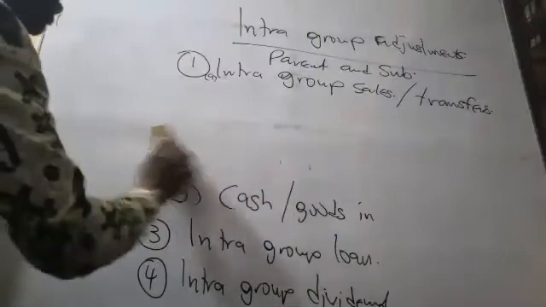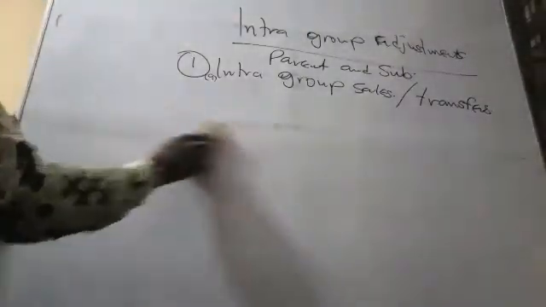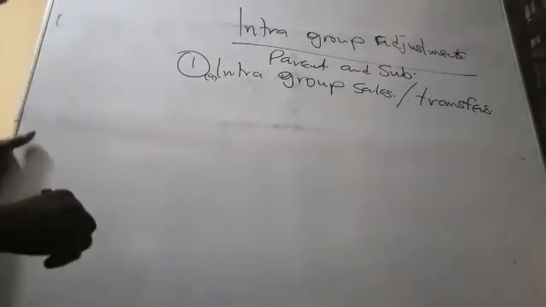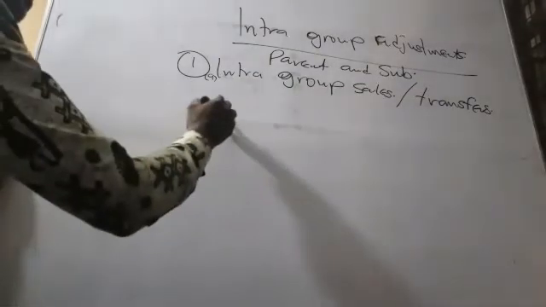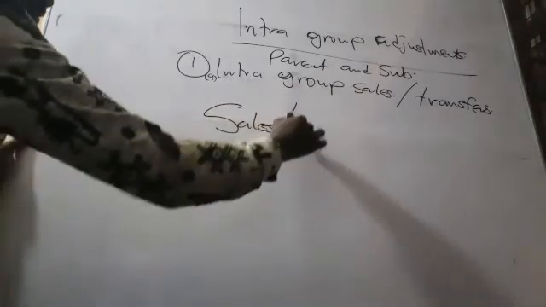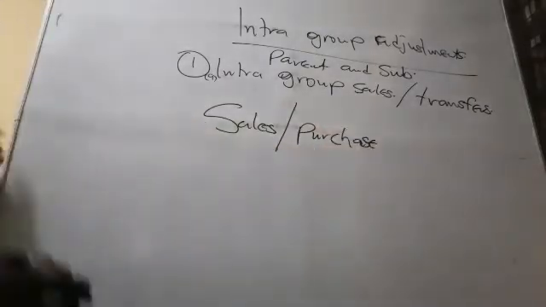We are on intra-group sales or transfers. That will be the purchases for the other party. How do you treat intra-group sales or purchases, because one person will sell and one person will buy?